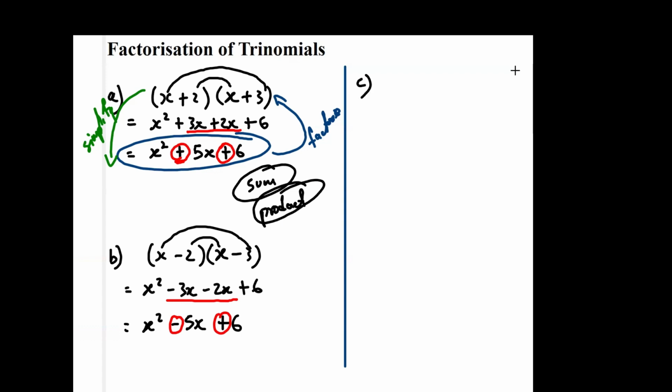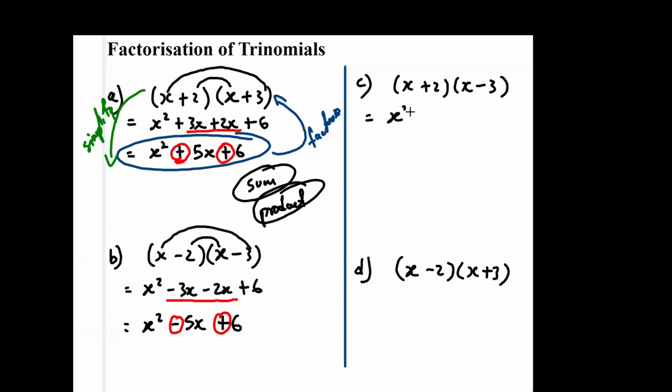Now, the second option is really simple as well. It is the following. C, x plus 2, x minus 3. D, x minus 2, x plus 3. And if we do the FOILing, we get x squared minus 3x plus 2x minus 6.